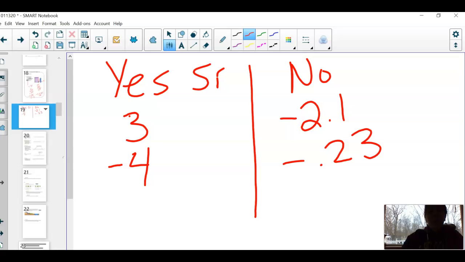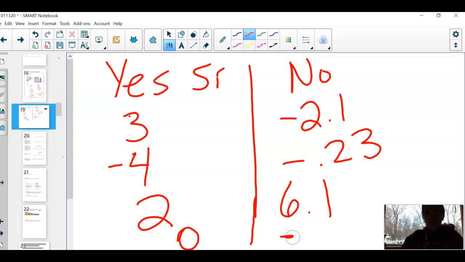Yes, +2, no, +6.1. Yes, 0, no, -1/10, okay? An integer is a whole number, positive or negative or 0, okay?